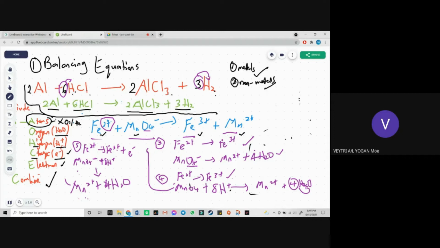Sini, calculation dia macam mana? Sini negatif. Okay, depan ada apa-apa nombor tak? Tiada. So, it's negative 1. Sini positif. Depan ada nombor kan? 8. So, this is positive 8. So, negative 1 plus 8, you will get positive 7. Overall charge untuk belah kiri adalah positive 7.